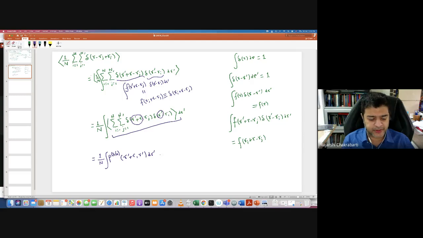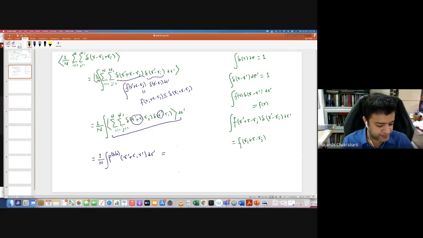Now can I further simplify this? If you have a homogeneous liquid, you remember what is going to happen. Go back to your previous slide. You see there are definitions.